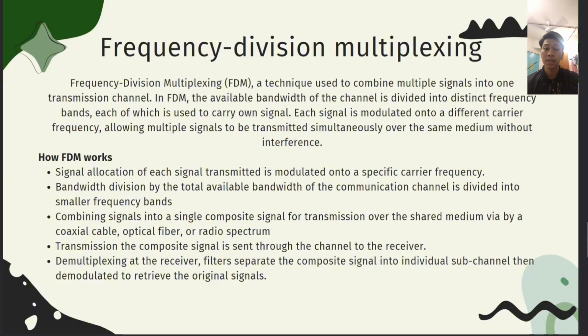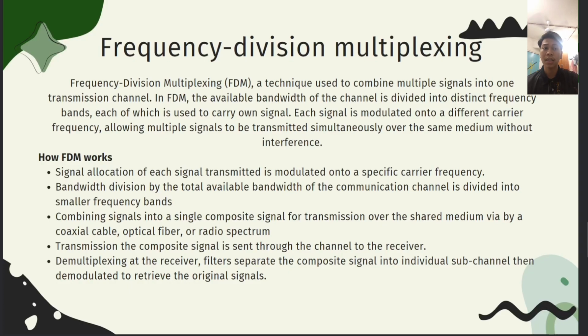How FDM works. Signal allocation: each signal to be transmitted is modulated onto a specific carrier frequency. Bandwidth division: the total available bandwidth of the communication channel is divided into smaller frequency bands, combining signals into a single composite signal for transmission over the shared medium, such as a coaxial cable, optical fiber, or radio spectrum.